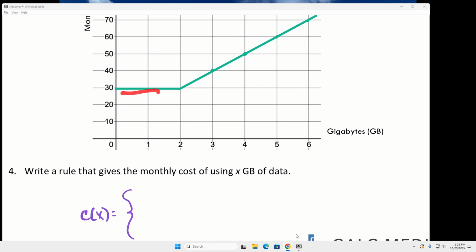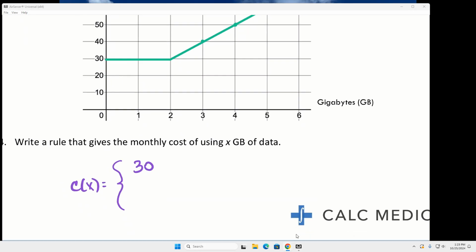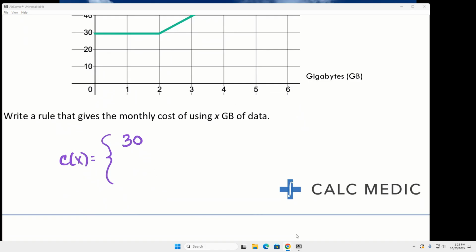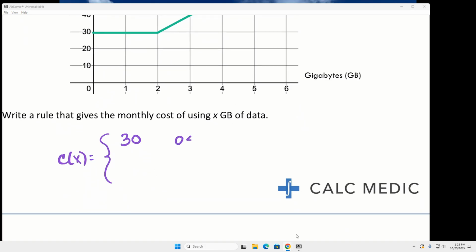There are 2 separate pieces. And so we write a rule for the first piece where it's always 30. And that's when x is between 0 and 2. So you pay $30 even if you don't use your phone, I guess.